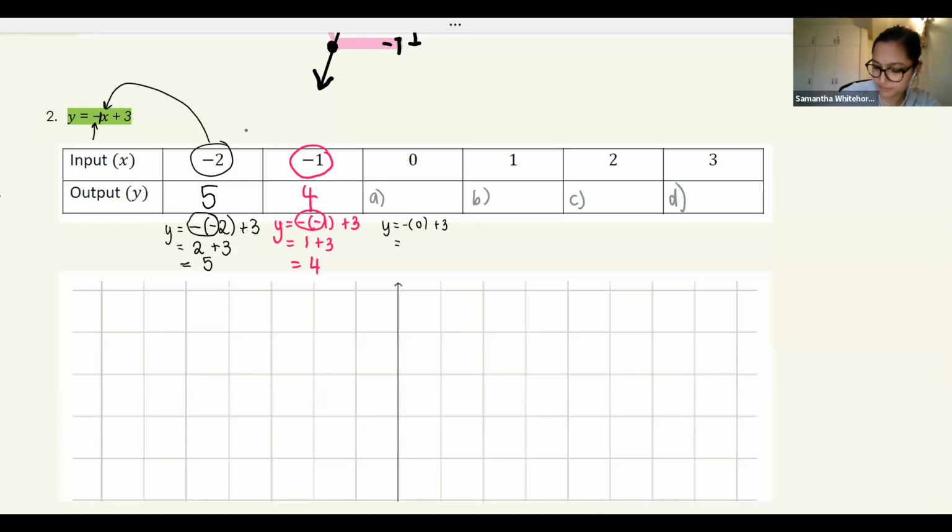So negative open brackets 0 close brackets plus 3 gave me a 3. So I said 0 plus 3, which was 3. Excellent, well done. Okay, guys, remember 0 doesn't actually have a sign. So minus 0 plus 0, it's still 0. So exactly like Sibonga just said, 0 plus 3 is 3. Nice, well done.